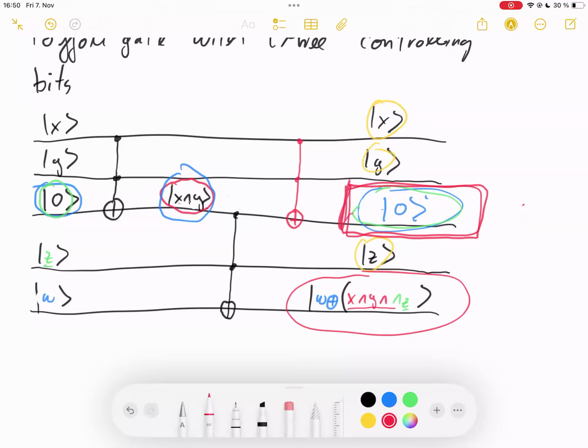And I still leave this box in red because this is probably one of the most important parts of this course as a demonstration why we need unitary matrices, because this third Toffoli gate undoes what had happened in here. Undo this one. And eventually we have the zero again in here.